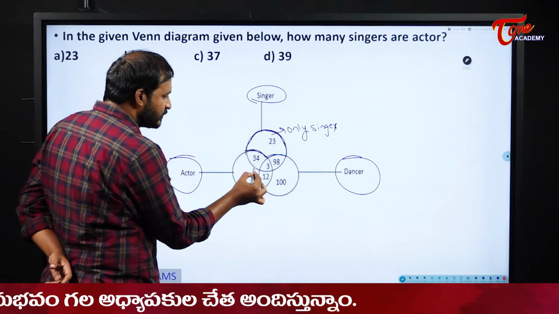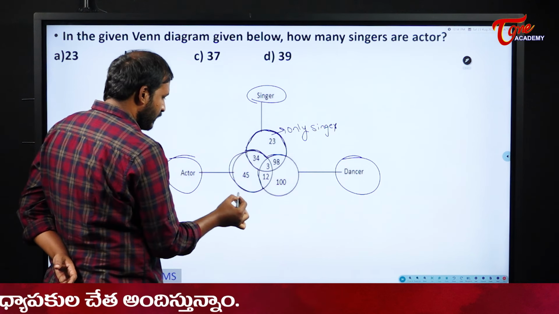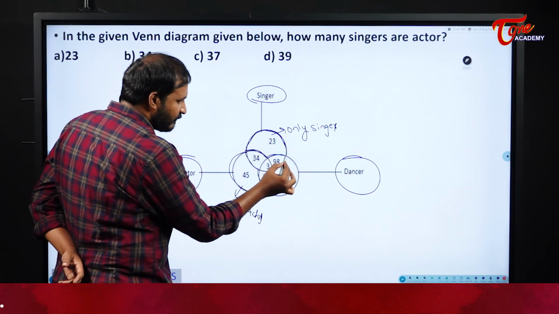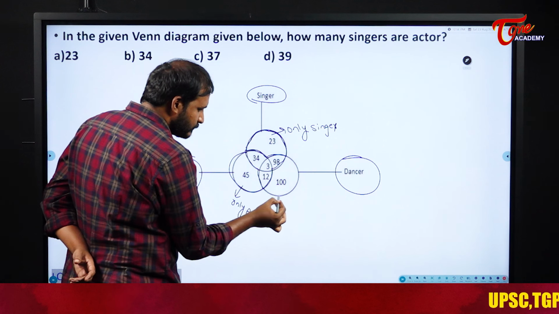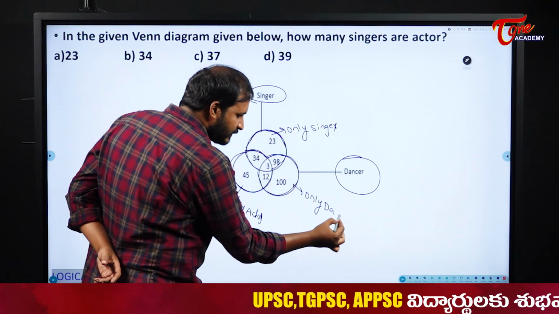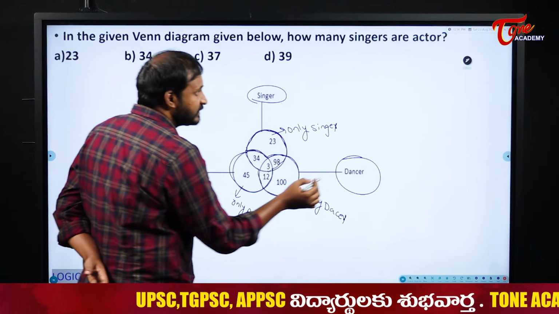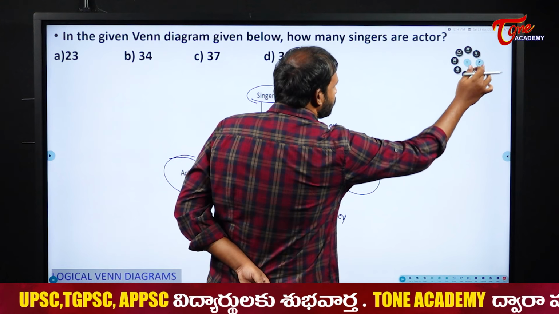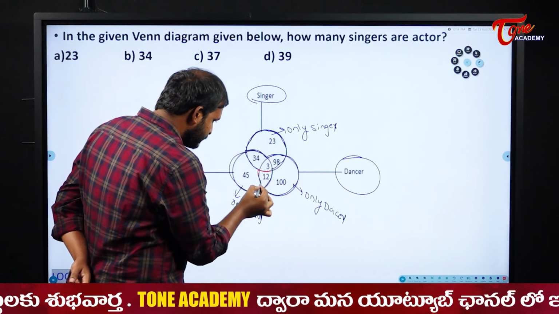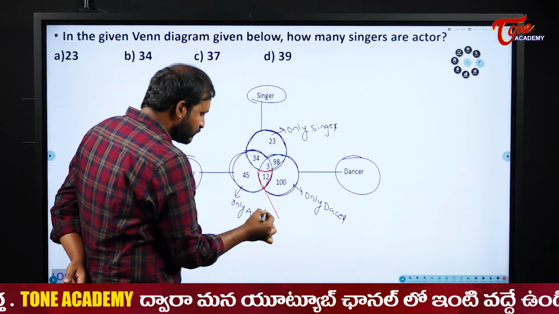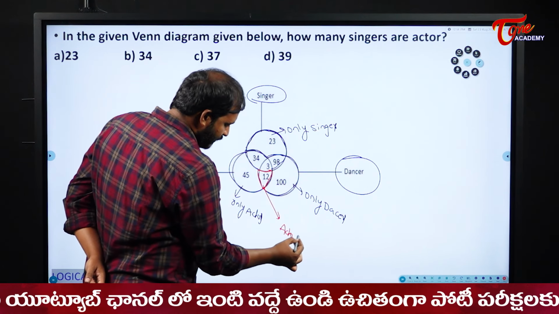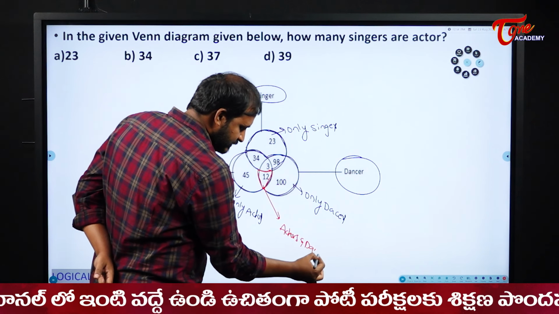Similarly, this portion will be only actors. And what will this portion be, students? This portion will be only dancers, right? That is the meaning. And now what is this portion? I will change the color. This portion tells us actors and dancers.